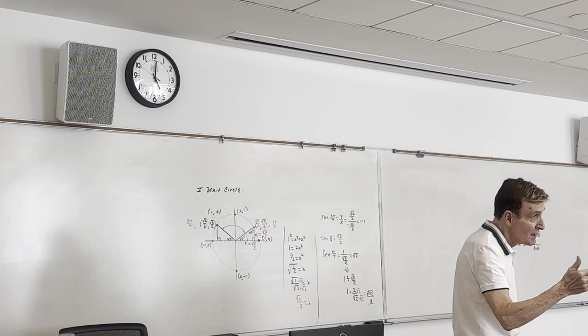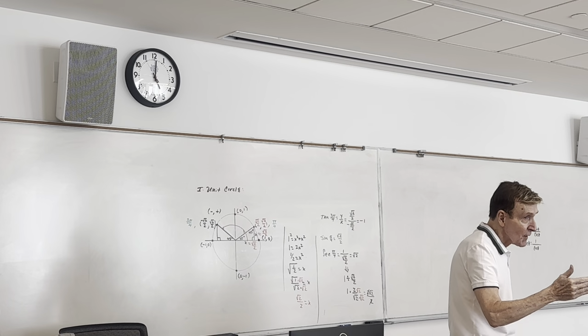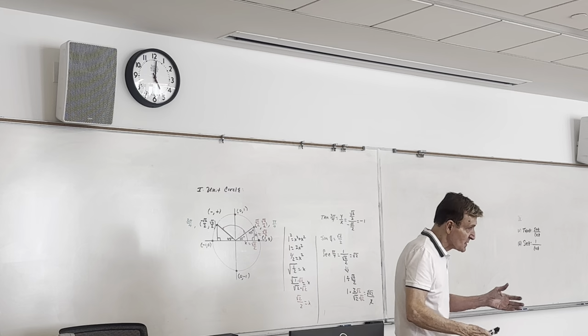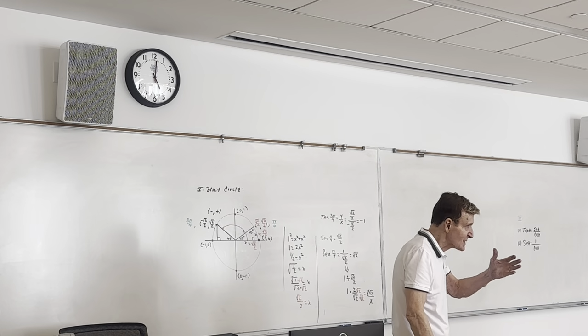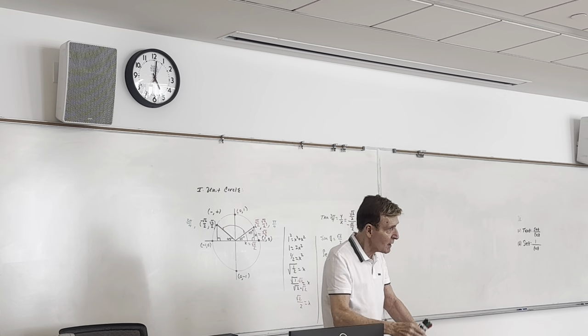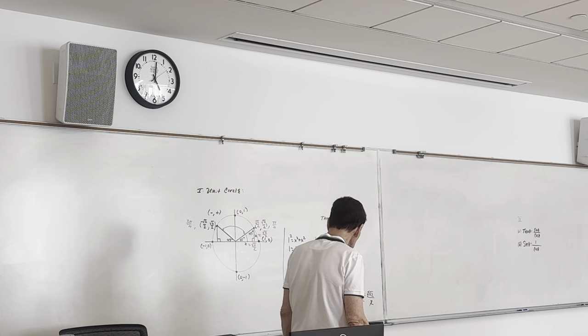Converted to radians, 7 pi over 4. Okay, so we know how to deal with that. Just some special angles, 30, 45, 60, and I'll list all these for you probably tomorrow in a recap. But today I want to show you where they came from on that unit circle.